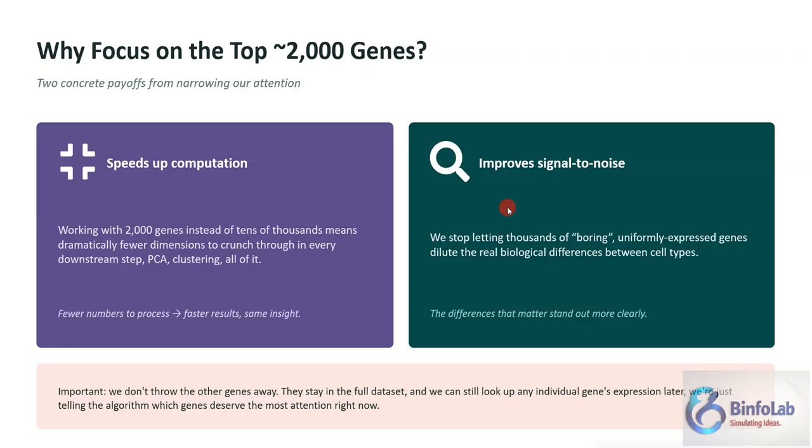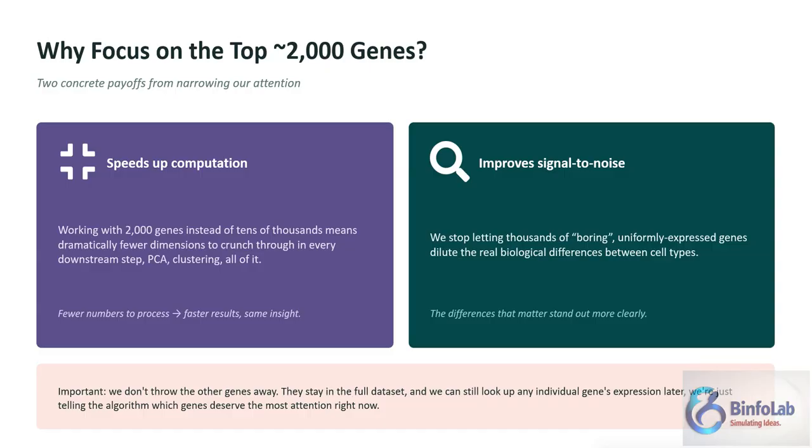The second scenario is that choosing a handful subset actually improves the signal-to-noise ratio. How? We stop letting thousands of boring, uniformly expressed genes dilute the real biological difference between cell types. In my previous slide, I talked about the housekeeping genes.